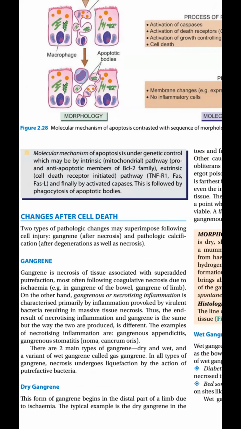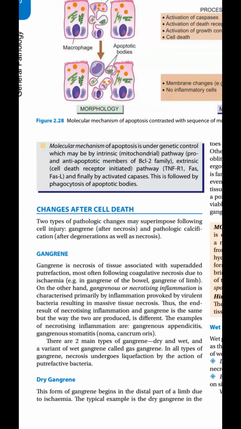On the other hand, gangrenous or necrotizing inflammation is characterized primarily by inflammation provoked by virulent bacteria, resulting in massive tissue necrosis. Thus, the end result of necroinflammation and gangrene is the same, but the way it is produced is different.